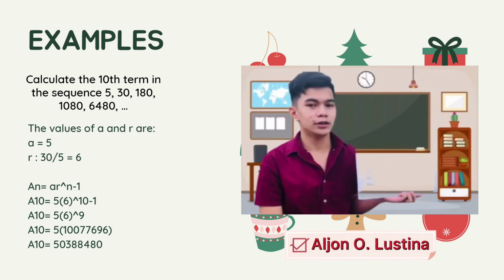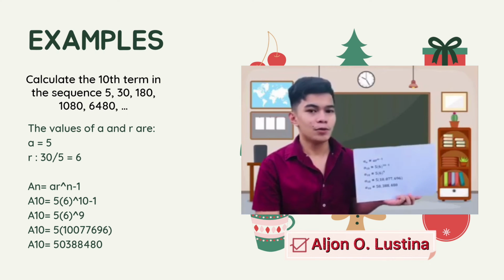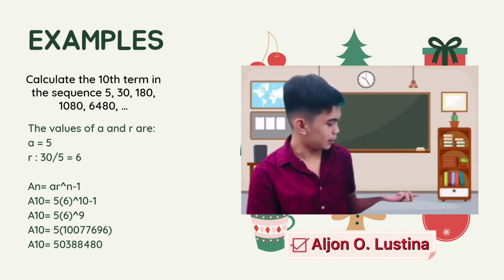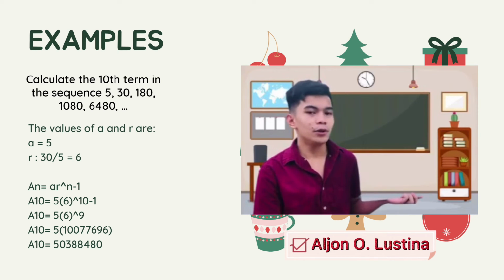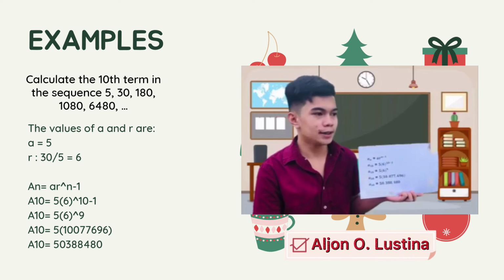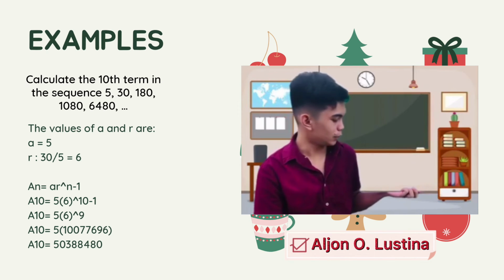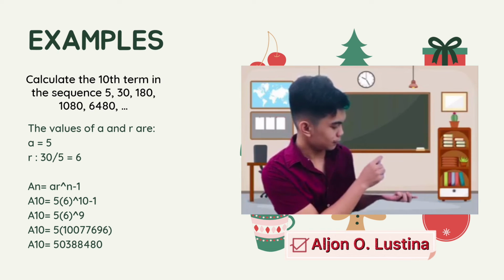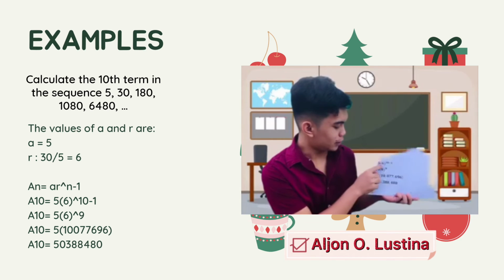The next one is to write down the formula of a geometric sequence, which is A sub n is equal to A multiplied by R raised to the power of n minus 1. Then we will utilize the law of substitution to replace the variables with the given values. So n into 10, A into 5, and R into 6.